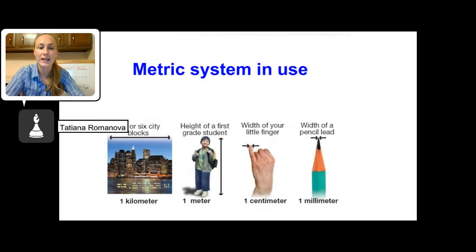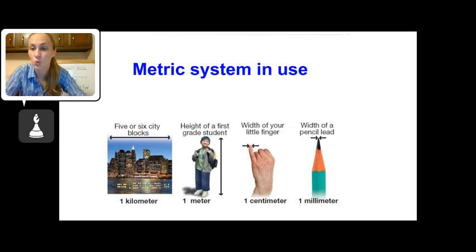To give you a quick example of the metric system, I prepared this slide. As you can see, the width of a pencil lead is just 1 millimeter, and the width of your little finger is 1 centimeter. So 1 centimeter consists of 10 millimeters.